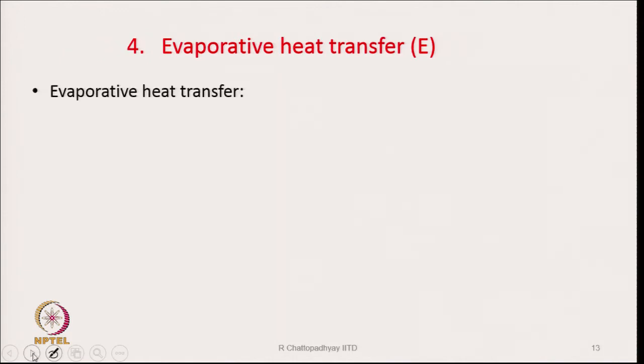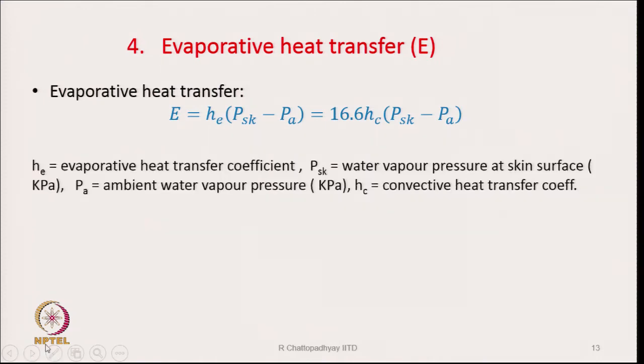Now comes evaporative heat transfer. Evaporative heat transfer, that is E = h_e (P_sk - P_a). What is h_e? h_e is the evaporative heat transfer coefficient, P_sk is the vapor pressure at the skin surface, and P_a is the ambient water vapor pressure.